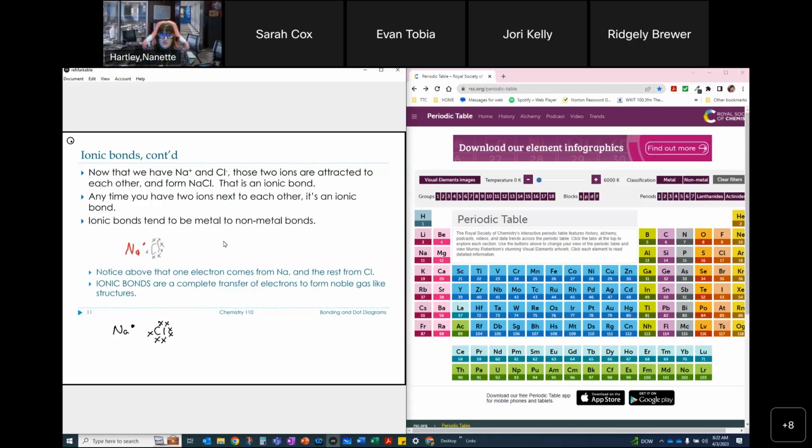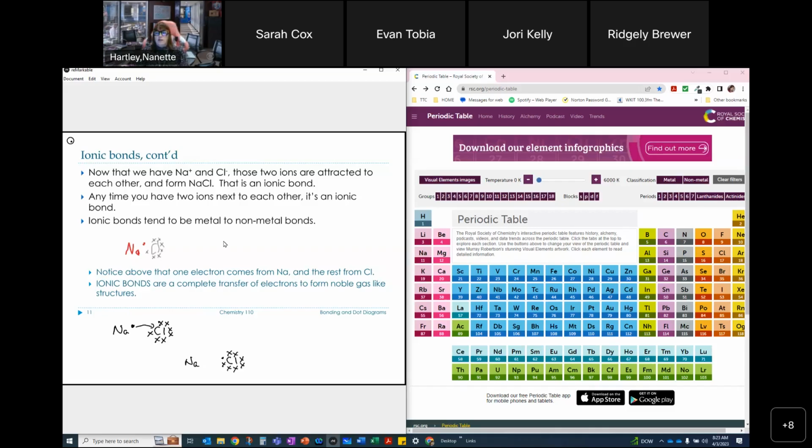So now I know that those two things can come together, and when they do, we have a happy situation. What actually happens is that the Na loses this electron and it comes over here to this chlorine. So then I have an Na with no electrons around it, a complete full octet from the inside, and the chlorine has that full octet that it now has all to itself.